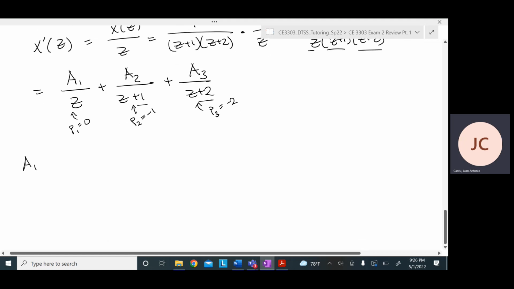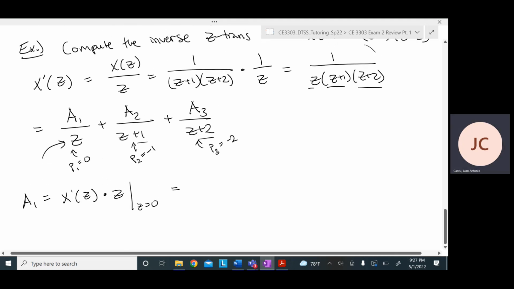To actually find a sub 1, we take x prime of z and we multiply it by the term that's underneath it. So in this case, we have z, and we evaluate it at that pole. So our pole is equal to 0, right? So we evaluate for z is equal to 0. Remember this is our x prime of z up here. So if we multiply by z, the z will simply cancel out at the bottom, so we're left with 1 over z plus 1 times z plus 2.